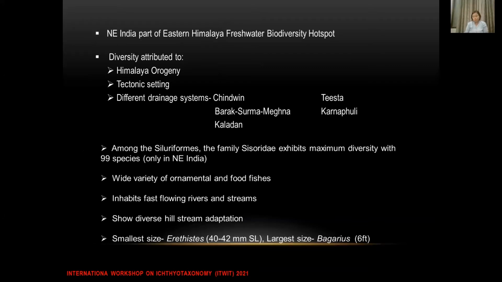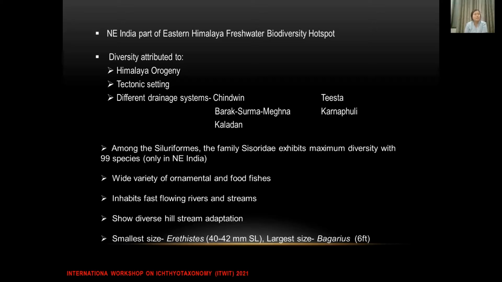In the morning, Professor Viswanath talked about how the Himalayan orogeny and the tectonic settings happened, how the drainages were formed, and why there is biodiversity in the northeastern region of India. Northeast India is a part of the Eastern Himalaya biodiversity hotspot.